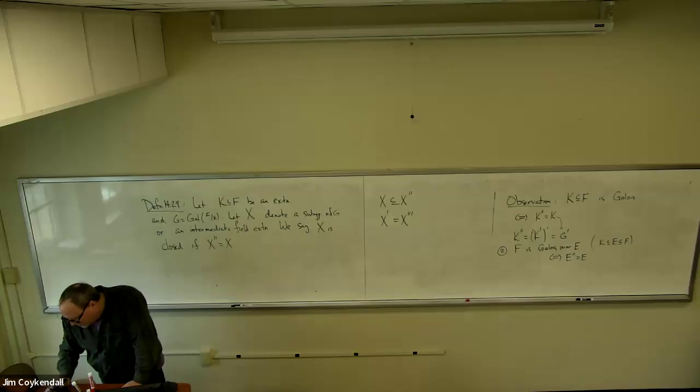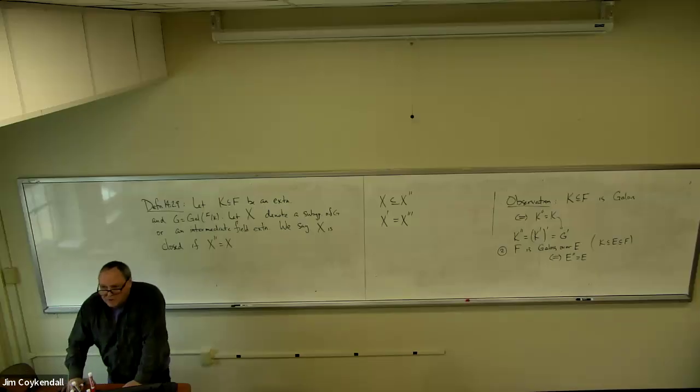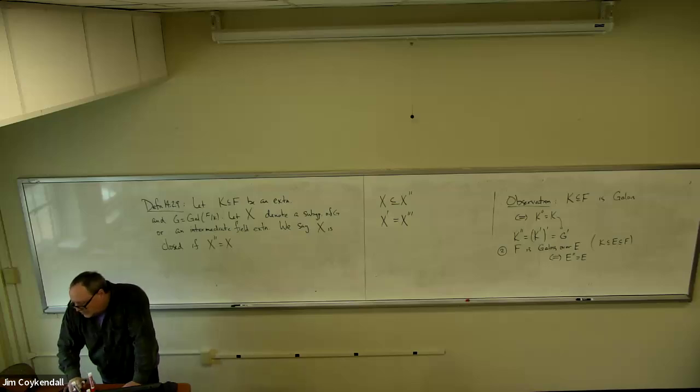This is going to be an important piece of it. Notice that the previous lemma gives a one-to-one correspondence between the closed subgroups of G and the closed subfields of F, given by E goes to E prime.